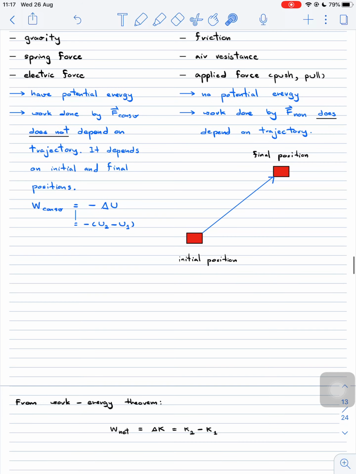Now if the object just moves along this straight line, we have some work done, let's say by the friction, if we have the object on the floor.